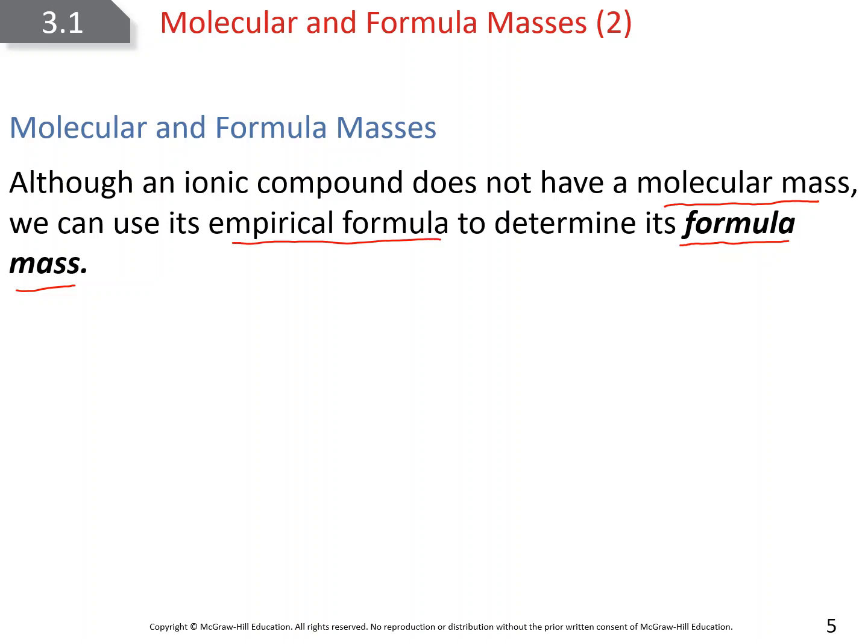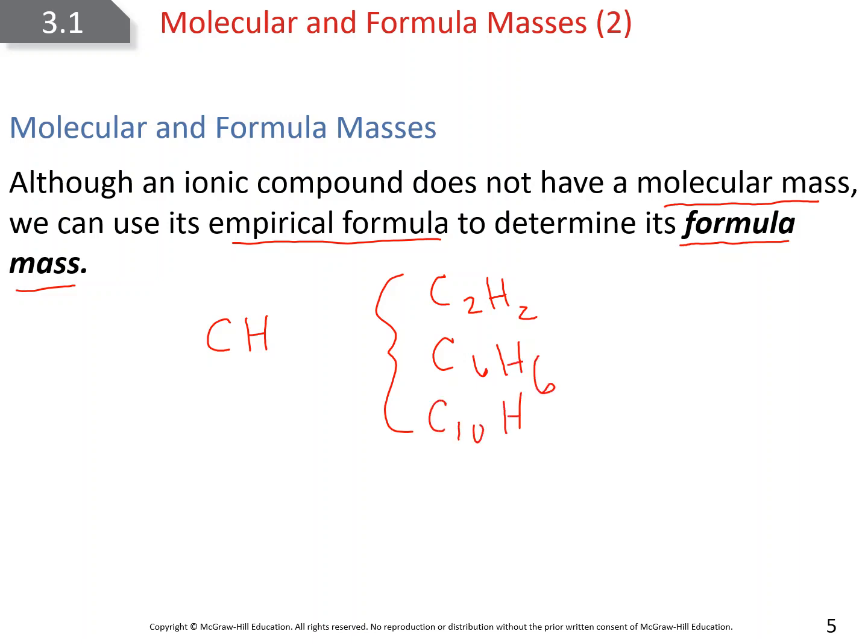So for example, if I'm talking about CH being the empirical formula, I could have three different compounds that are perhaps C2H2, C6H6, and maybe C10H10.